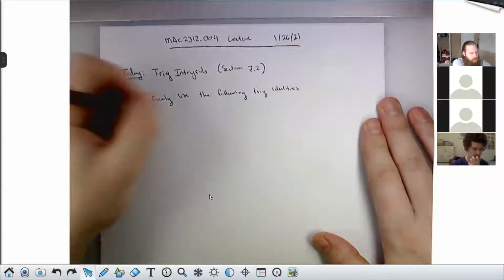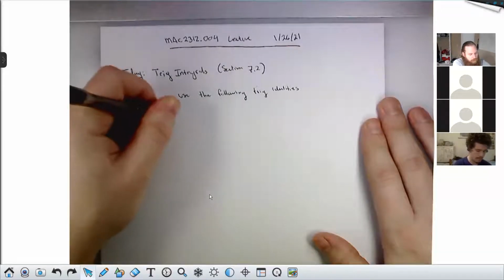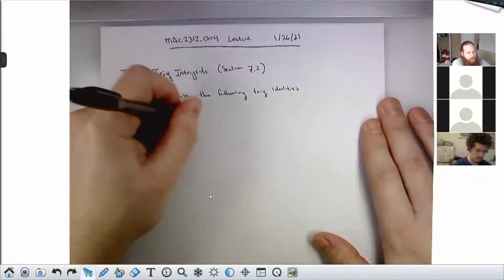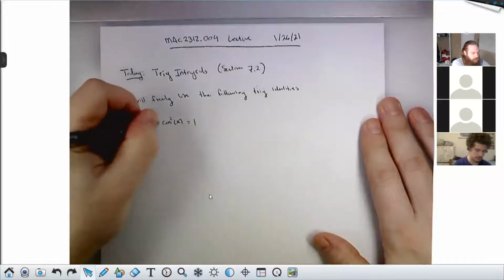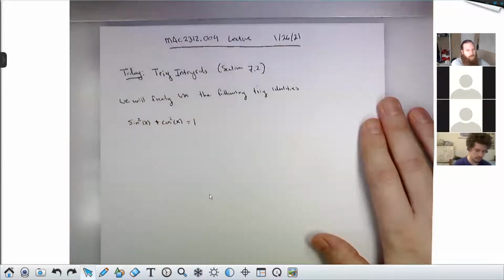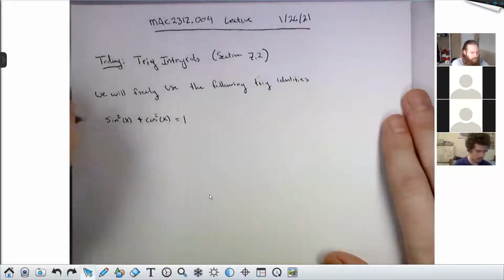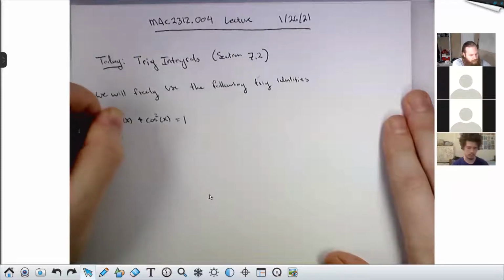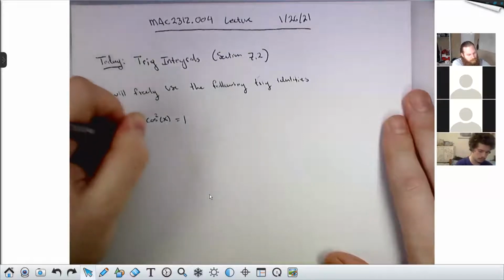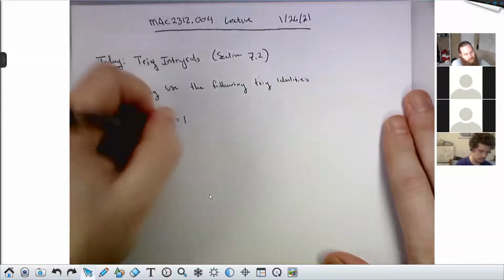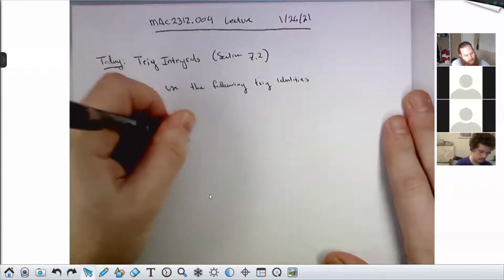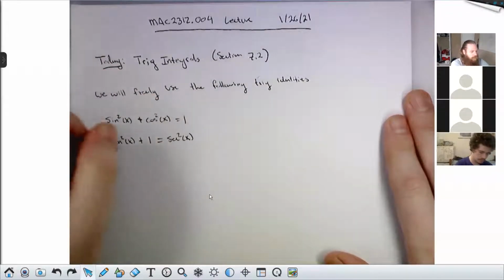Sine squared plus cos squared equals 1, and its various forms like sine squared equals 1 minus cos squared, and cos squared equals 1 minus sine squared. This is called the first Pythagorean identity. The second Pythagorean identity: tan squared plus 1 equals secant squared, and all of its various forms like tan squared equals secant squared minus 1, or secant squared equals 1 plus tan squared, all those.